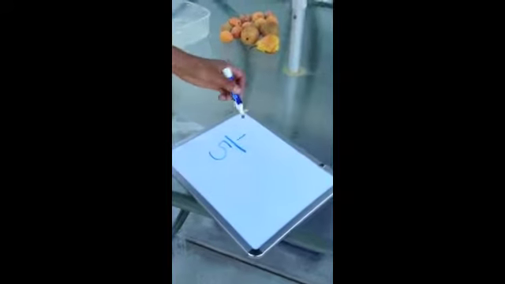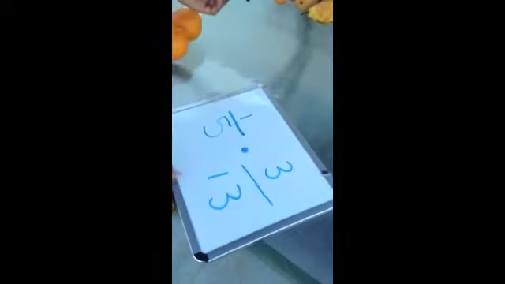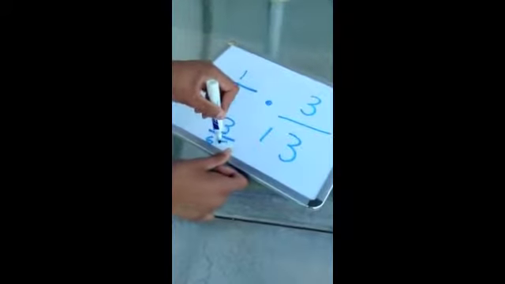So it'd be 1/5 times the same thing for the pears. There's 3 pears, so you put a 3, and the total number is 13, so you put 13. Then you multiply those two together and it would be 3 over 65, and that's your answer.